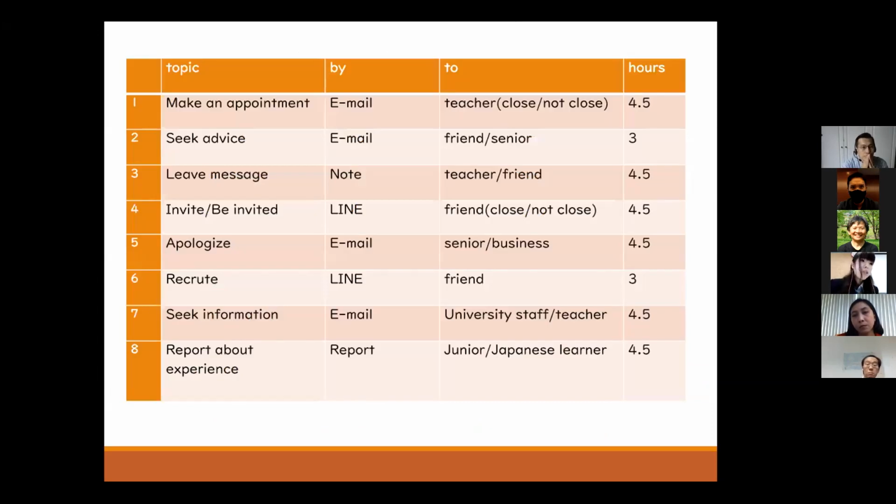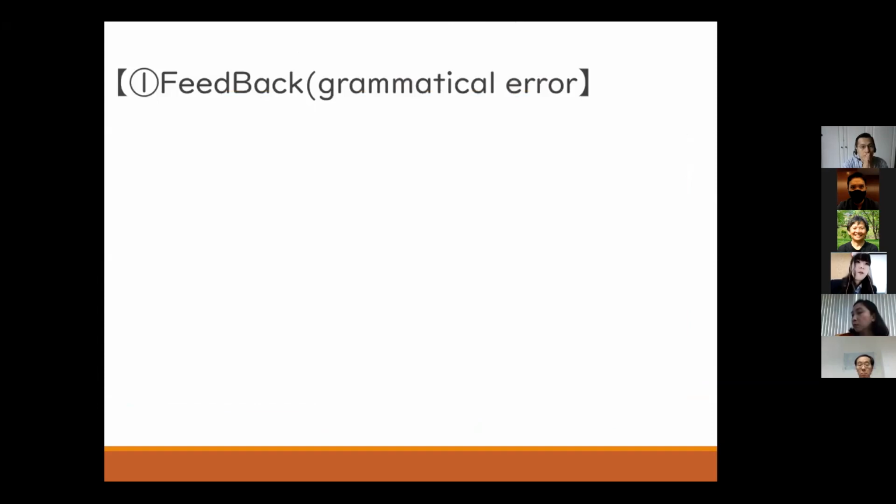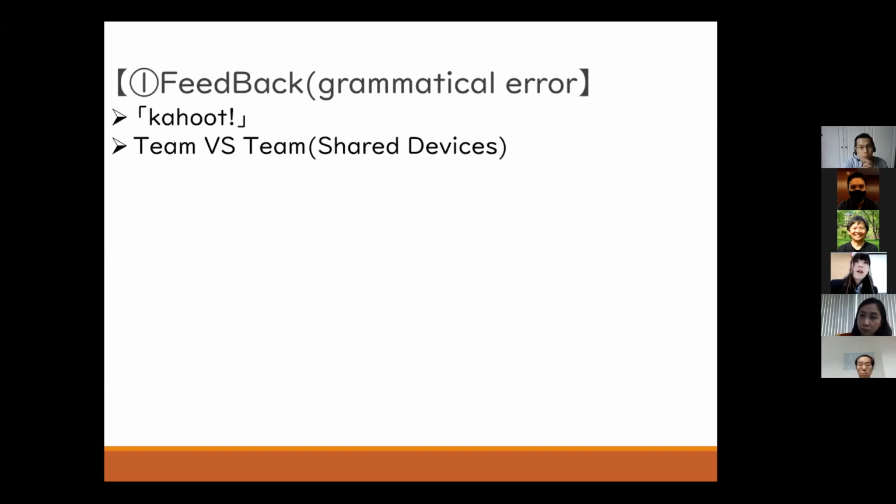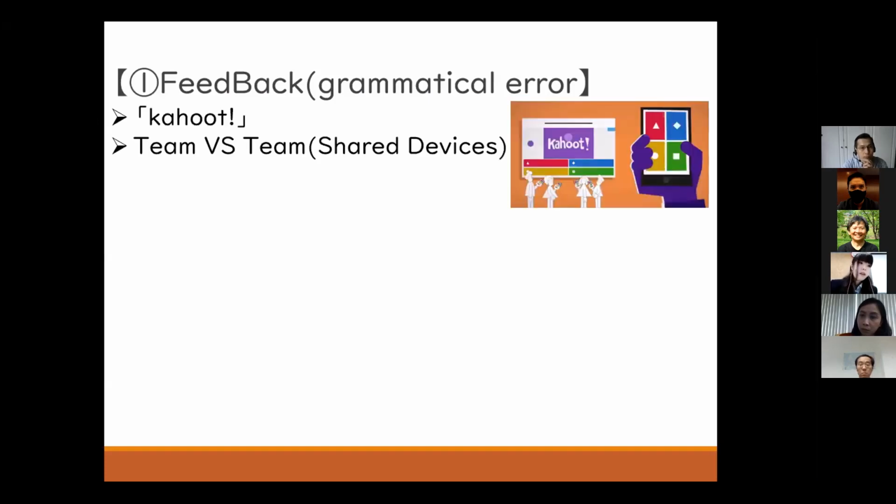Please pay attention to this view graph. This is a topic on the writing course. And first, feedback about grammatical errors. I introduced grammatical error feedback with Kahoot. Kahoot is a game-based classroom response system.